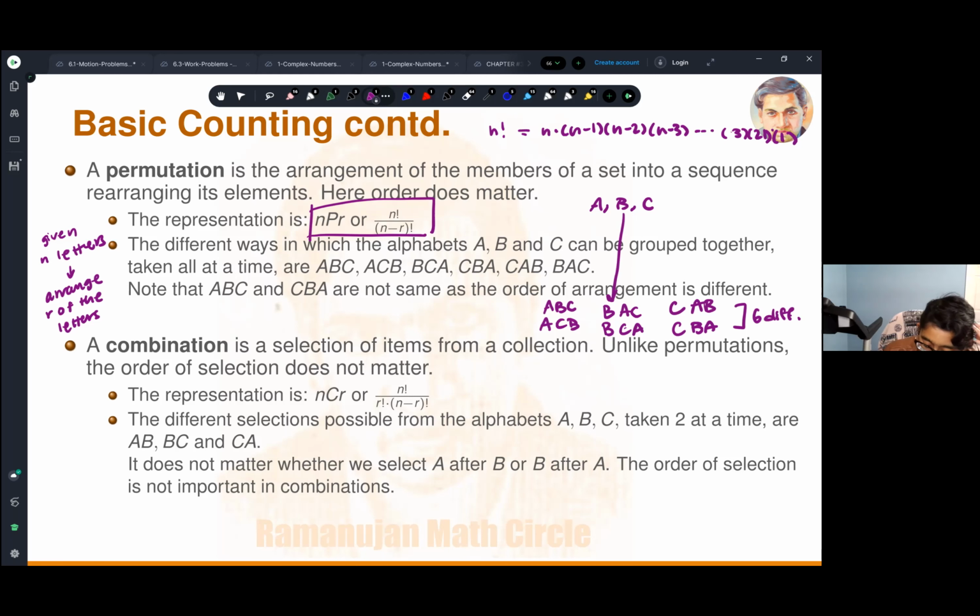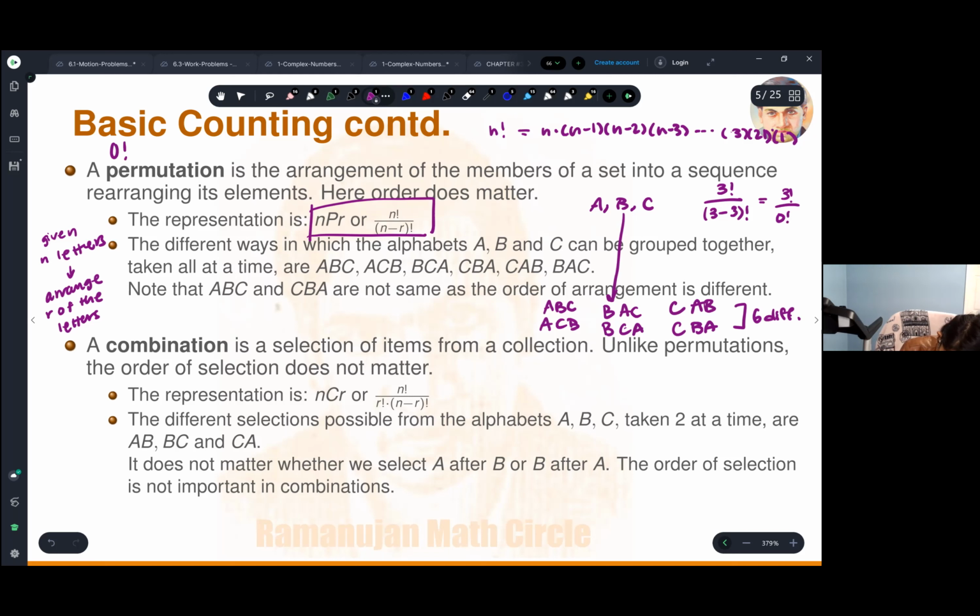Now, in theory, a lot of stuff cancels out in n factorial divided by n minus r factorial. But for example, if we were to go about solving this question with the ABC arrangements, since there are three letters, and we want to arrange three of them, it would be 3 factorial over 3 minus 3 factorial, which is 3 factorial over 0 factorial.